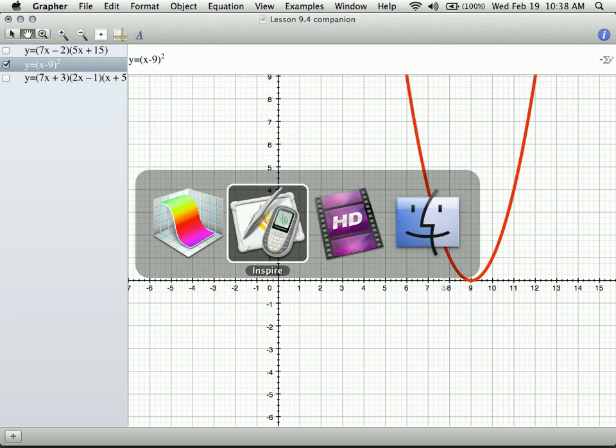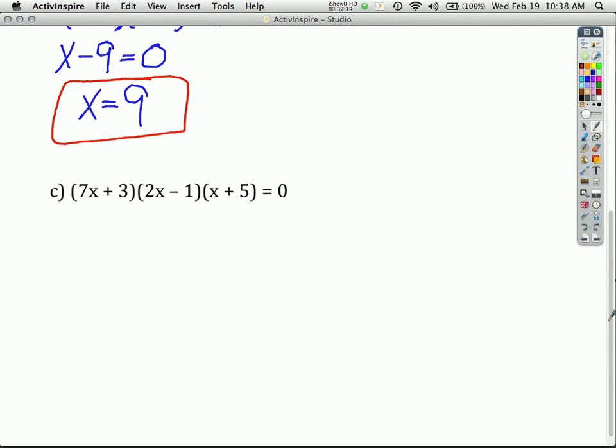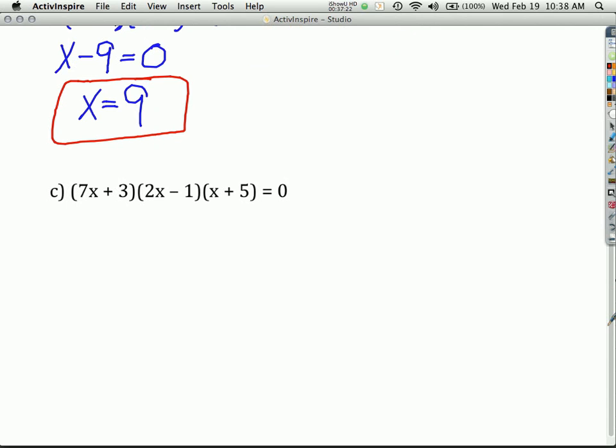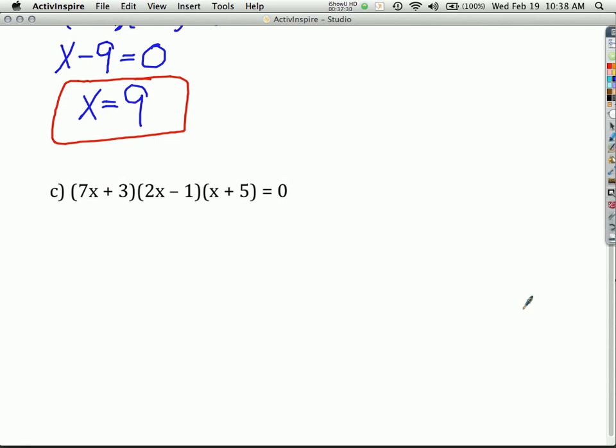All right, so last example for now. Well, you've seen two different cases.